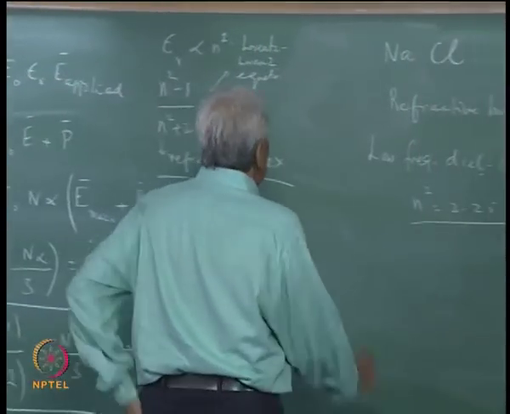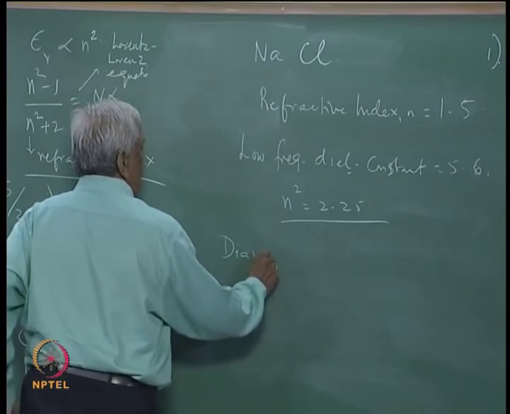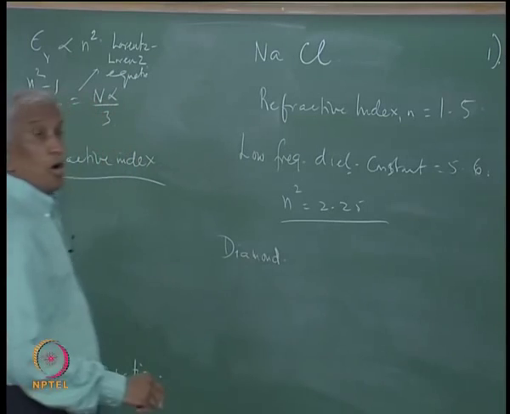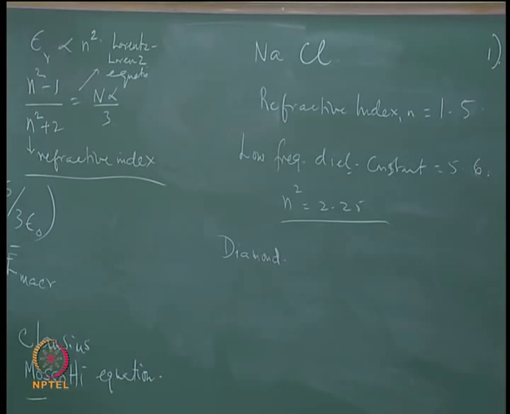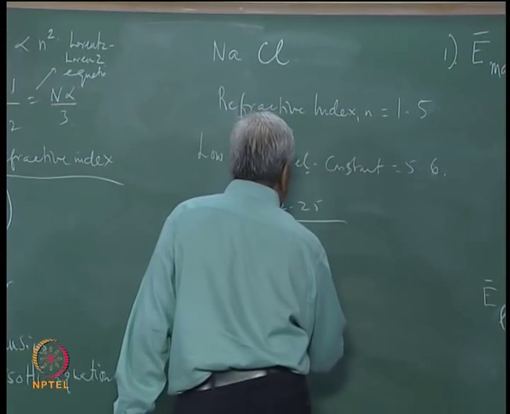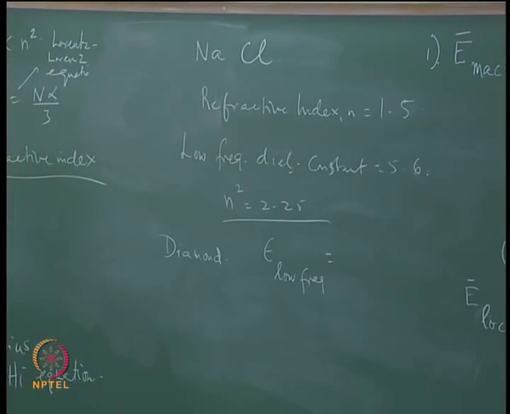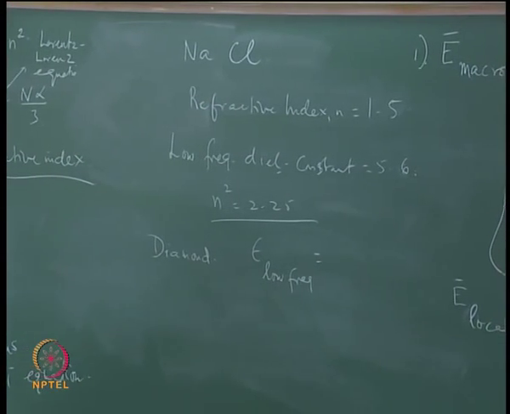Whereas in the case of a material like diamond, in which the bonds are stronger, the low frequency dielectric constant is 5.68.